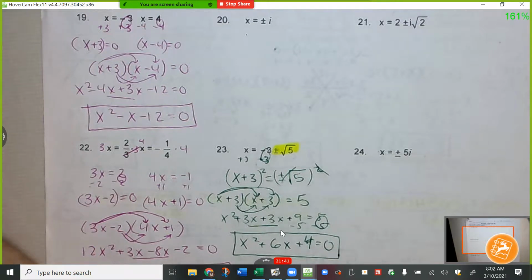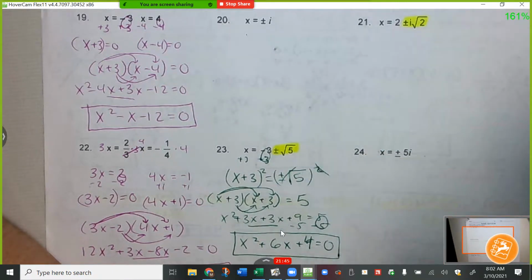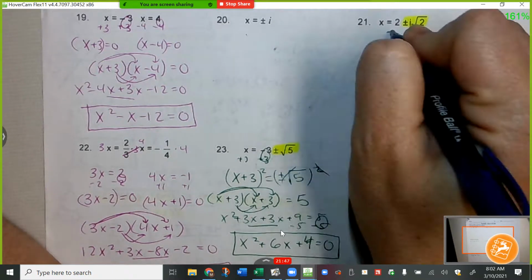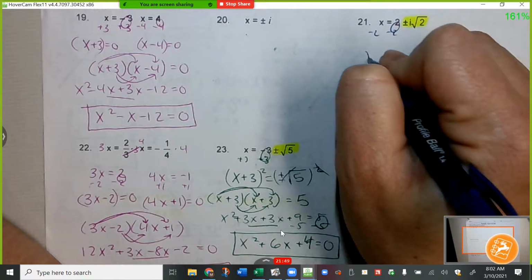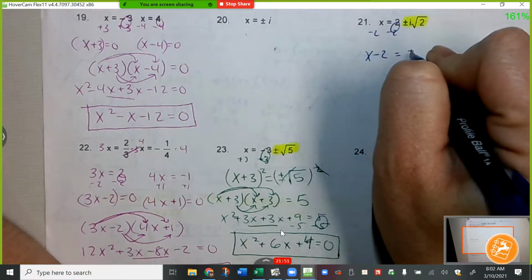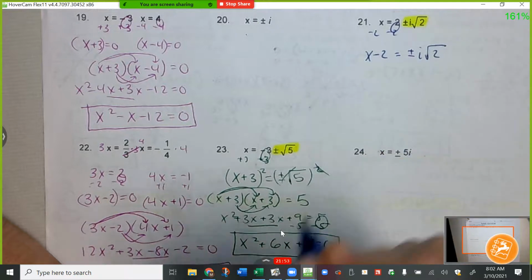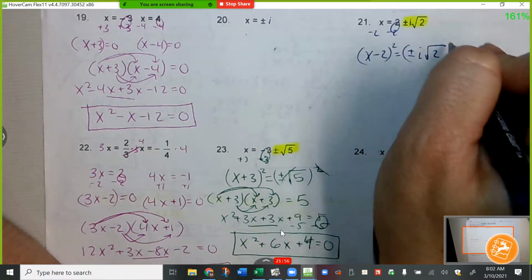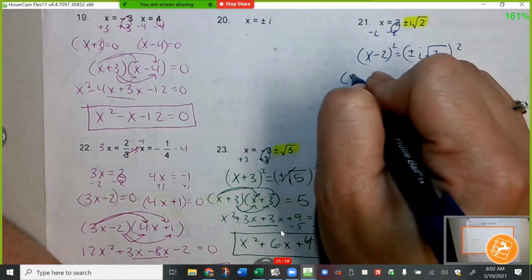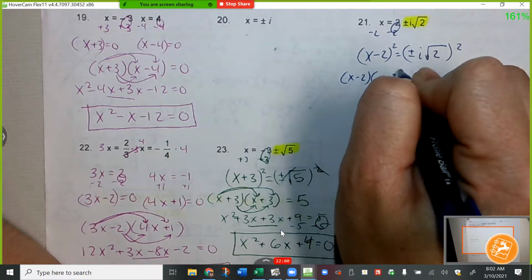So on this one again, you want to get the plus or minus alone. So I'm going to subtract 2 from both sides. x minus 2 equals positive and negative i square root of 2. And now I'm going to square both sides. This will become x minus 2 times x minus 2, and I'll double distribute.